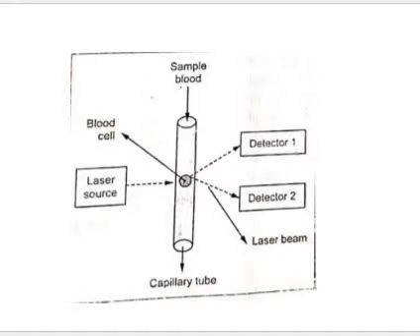Detector 1 is for RBC and detector 2 is for platelets. These detectors count the number of light pulses incident on them, and finally send the digital output to the signal conditioner, which gives the total number of counts.